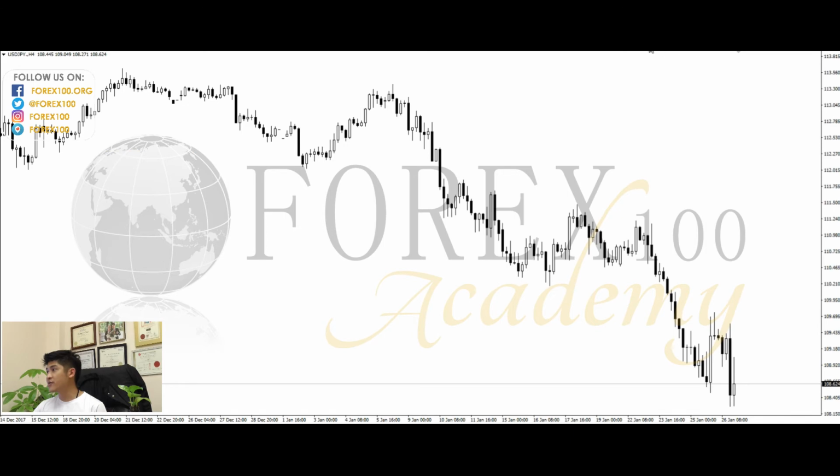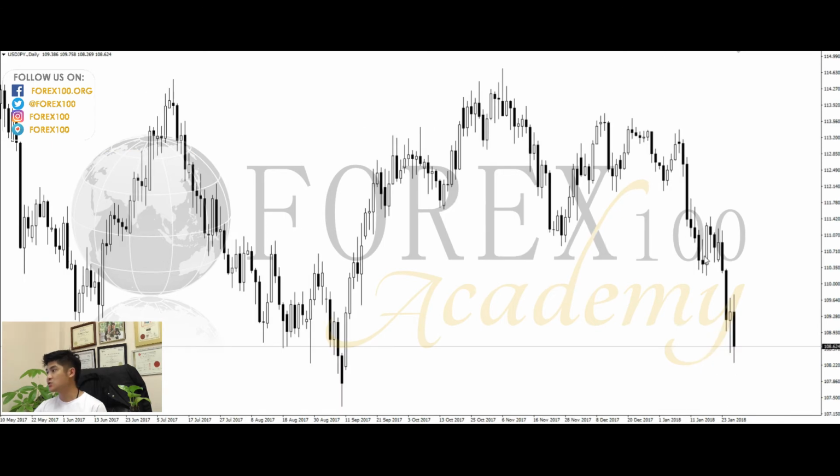The last currency pair we look at is dollar yen. Last week I believe I shared that when the market closed below the previous low over here, the market may go lower and hit the 108.18 zone, which it did. So what I'm looking for now on dollar yen, a perfect scenario, will be to come back and retest 110.42 all the way up and look for a shorting opportunity.